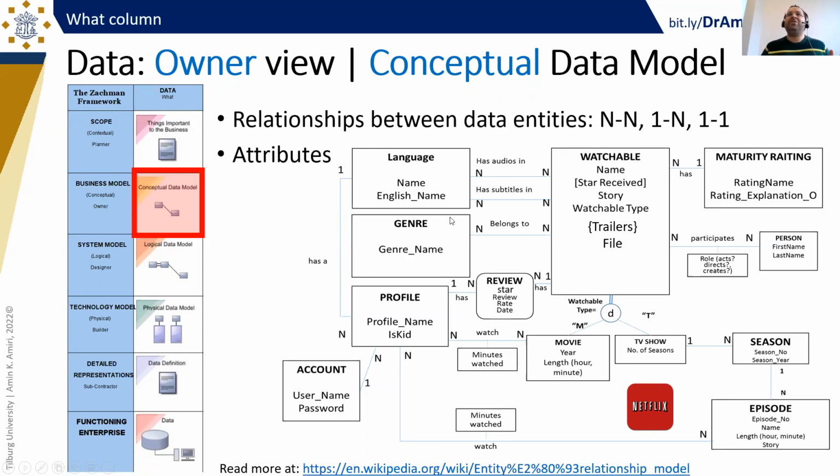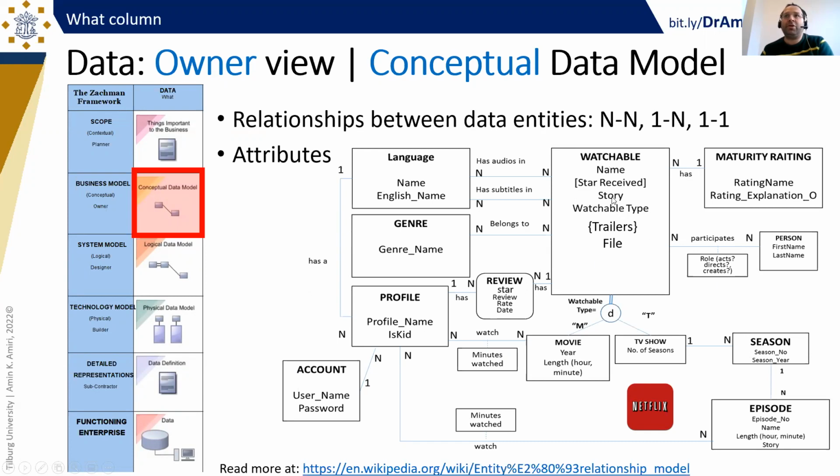So he not only cares about those important data entities, but he also wants to store information about the relationship between these data entities and also the important attributes. So he says that for a movie, I would like to know the name, story of the movie, and trailers that exist for that movie, how many stars received, and also the year and the length.